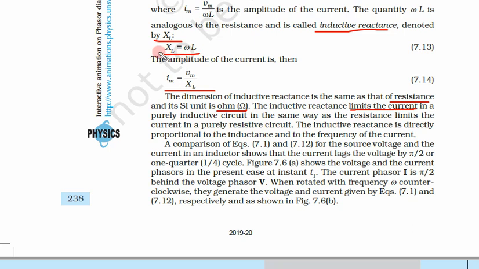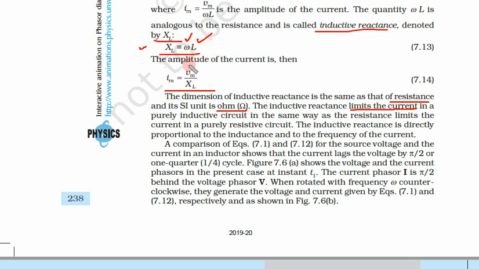XL, or inductive reactance, works very similarly to resistance and limits the current. It is directly proportional to L and the frequency of the current.